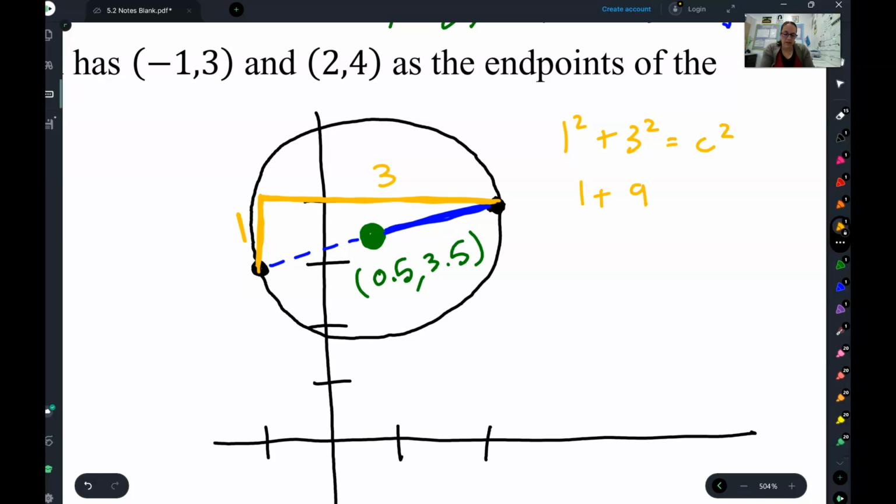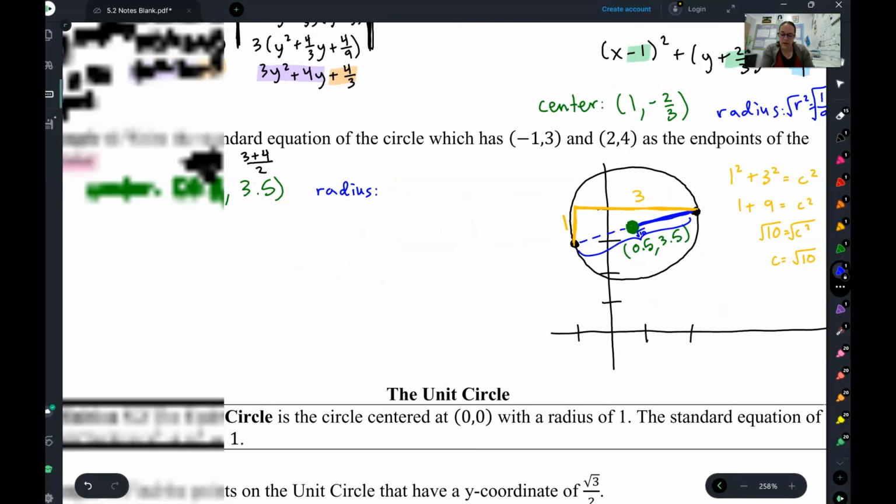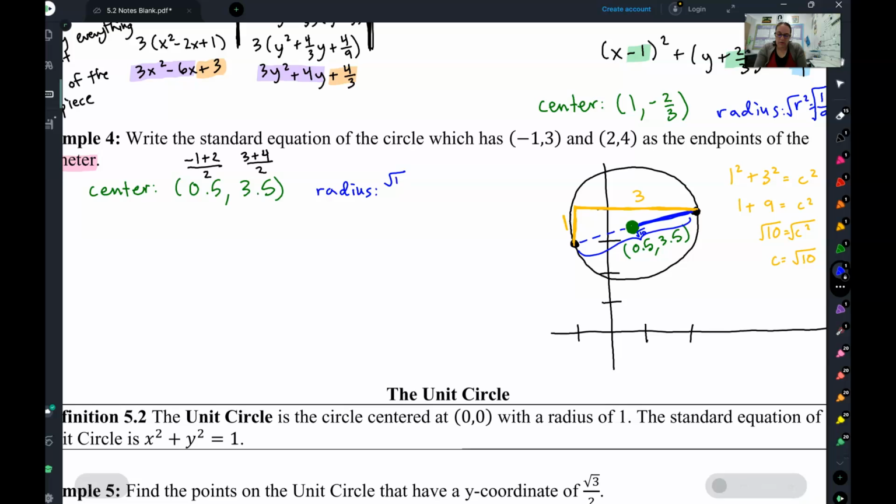That's 1 + 9 equals c², so c is the square root of 10. The whole diameter length is the square root of 10. That's that side of my right triangle. Now remember, the radius is half of that. So if I want the radius, I'm going to have the square root of 10 divided by 2.